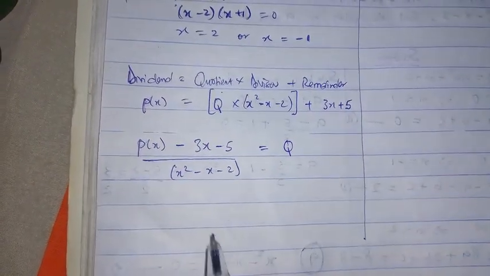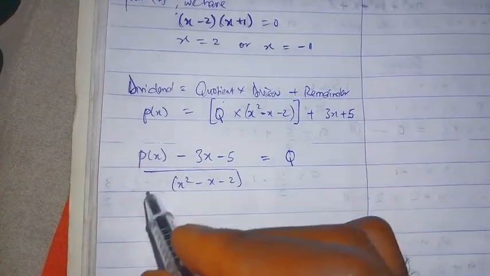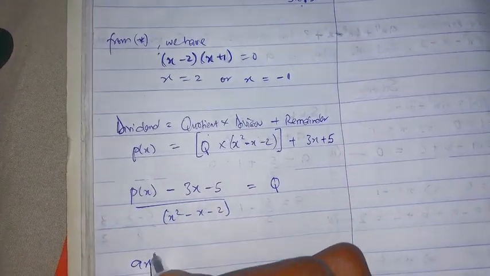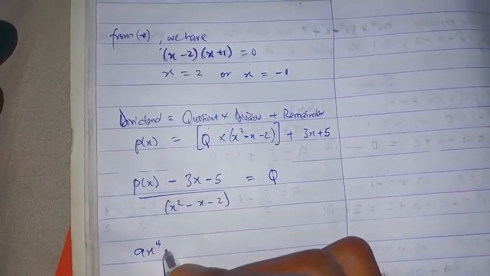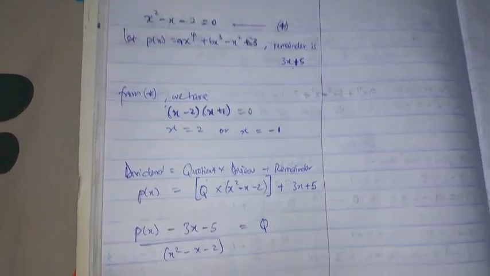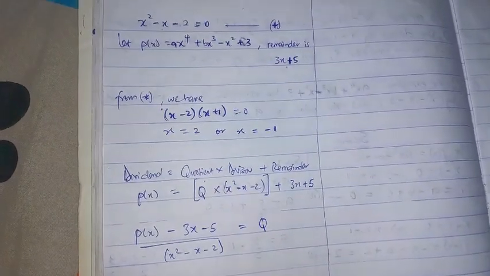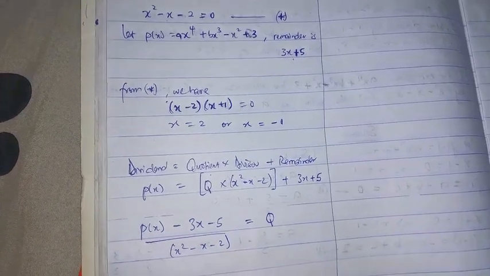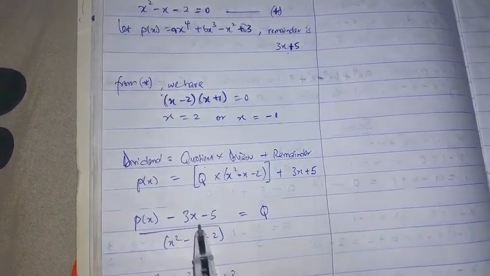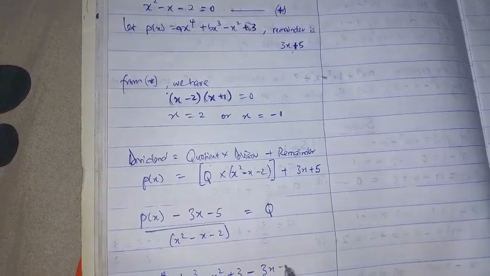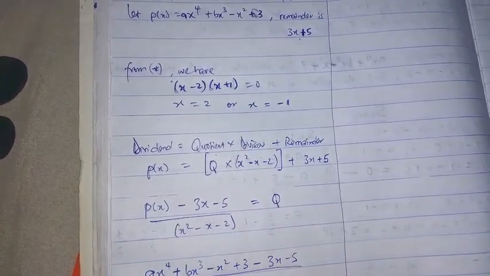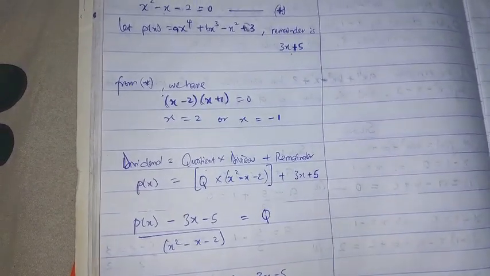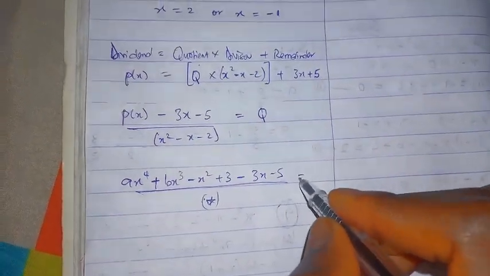Now take note, my p of x is ax raised to power 4 plus bx cubed minus x squared plus 3. Then minus 3x minus 5, all over star, equals q.